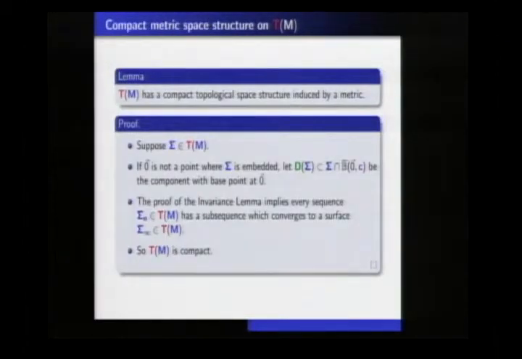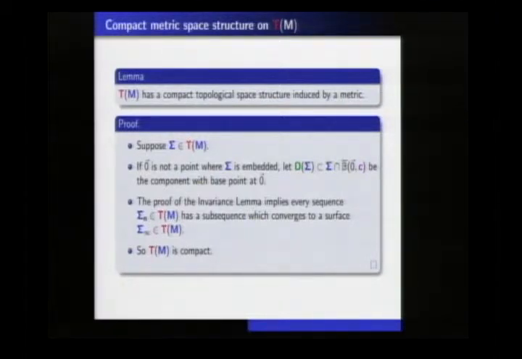Now, the compactness I'm going to use after this is the finite intersection property that's equivalent to being compact. The finite intersection property says that if I take a collection of closed subsets of the topological space such that any finite intersection of those closed sets is non-empty, then the entire intersection is non-empty.